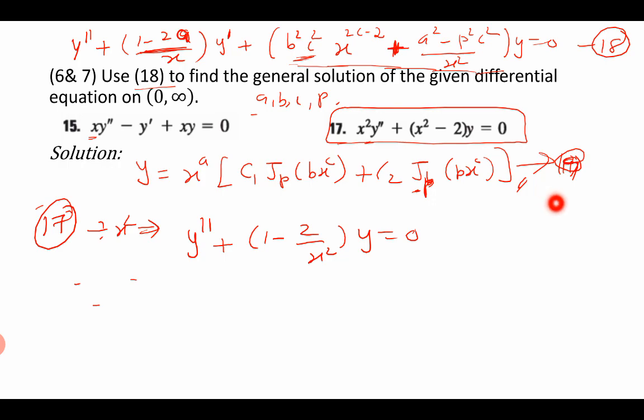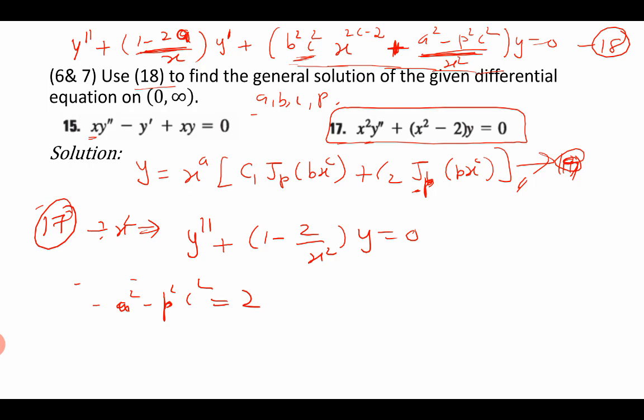See, this term over x squared, there is a squared minus b squared c squared, which is here equal to 2, and of course the y prime coefficient is 0.